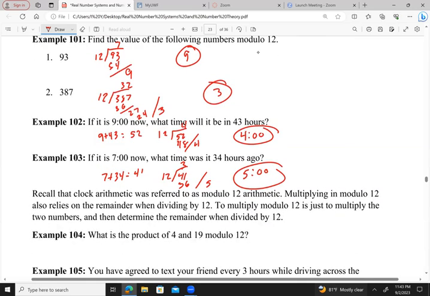Recall that clock arithmetic was referred to as modulo 12 arithmetic. Multiplying modulo 12 also relies on a remainder when dividing by 12.